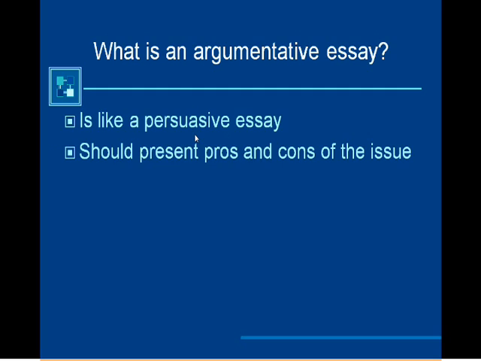Also, an argumentative essay should present pros and cons of the issue. And as we said now, pros are the positive points and cons are the negative points, okay? So it's either the advantages or the disadvantages of the topic of the essay. This we call an issue.